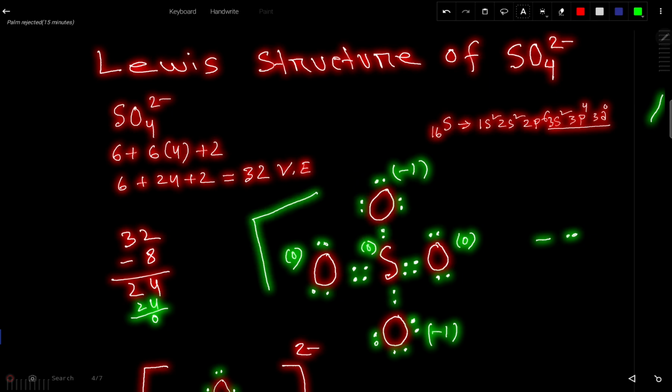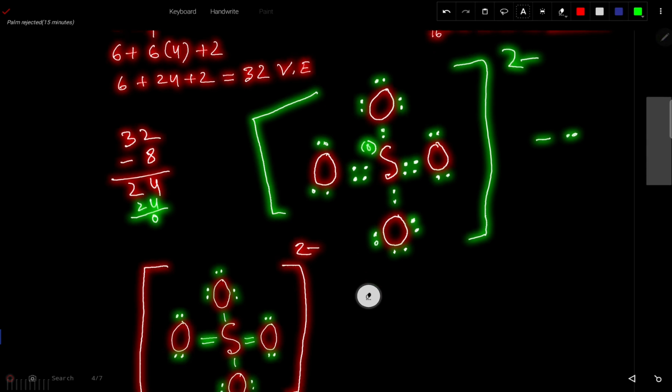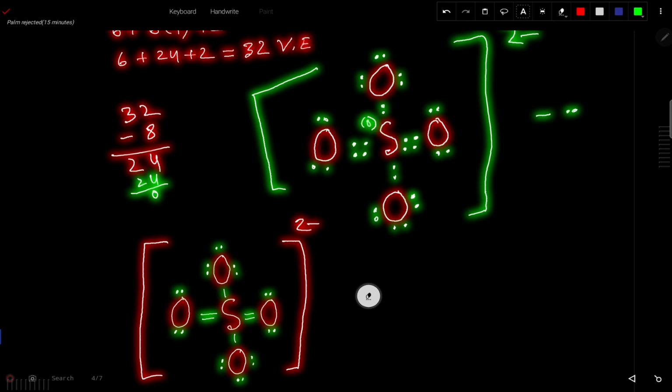At last you have to use a bracket and you have to place the charge, right? So now delete this formal charge so that it looks good. Look, I am deleting this.